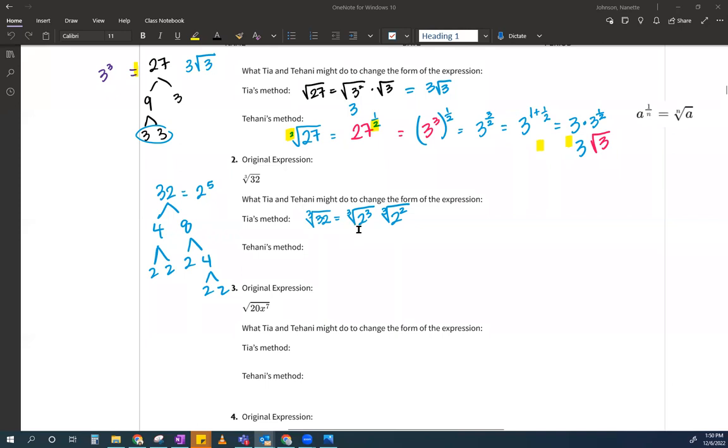What's the cube root of 2 cubed? Yes, that is why this person did this. Okay, so for those of you who didn't know to break it up into cubed and squared, well, if I broke it up into 4, I have too much of a complete set. And if I broke it into the 1, I don't have enough to complete a set. The whole goal is for me to look for a complete set.